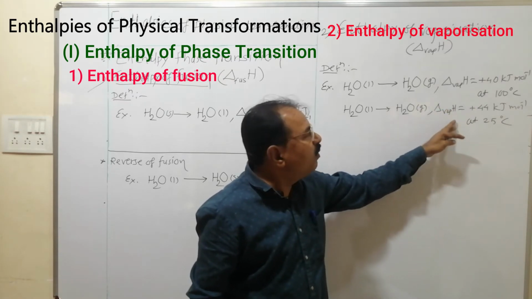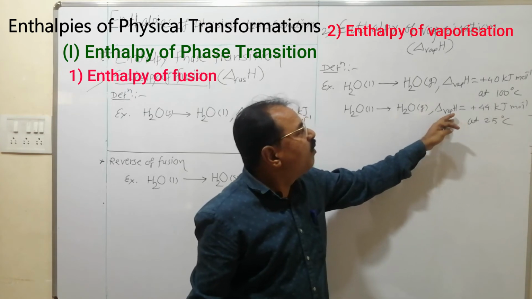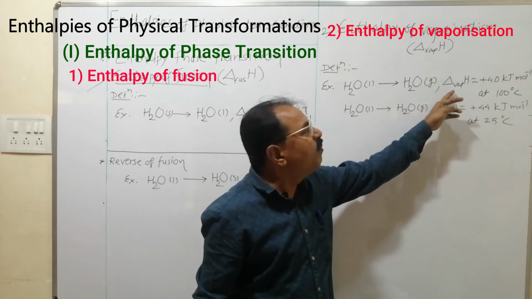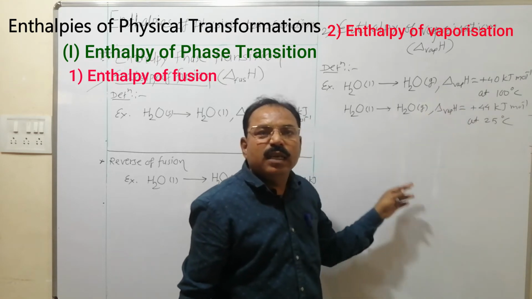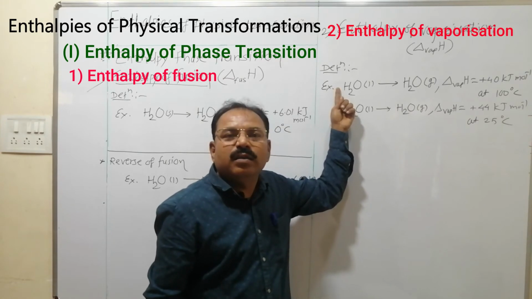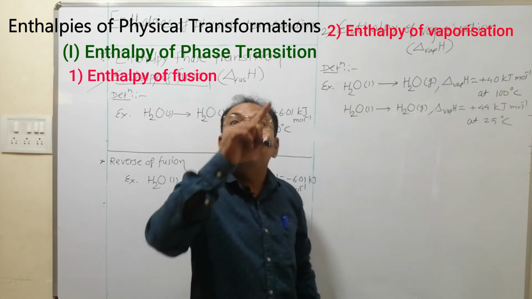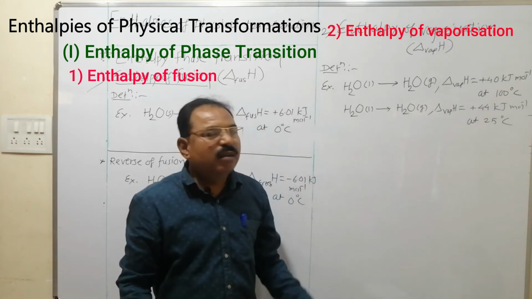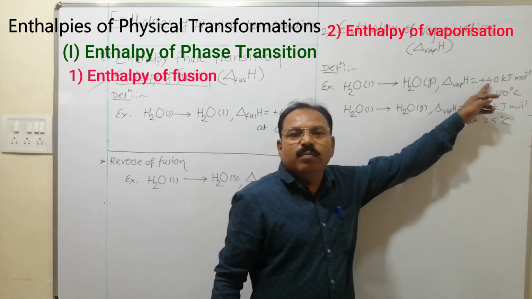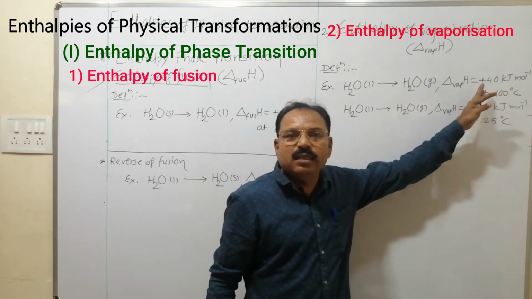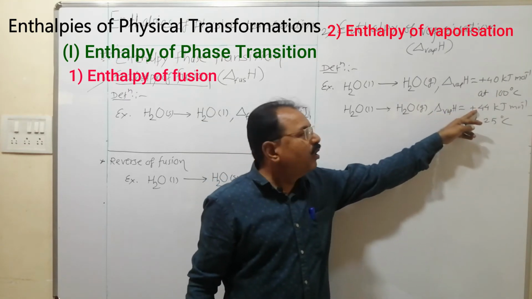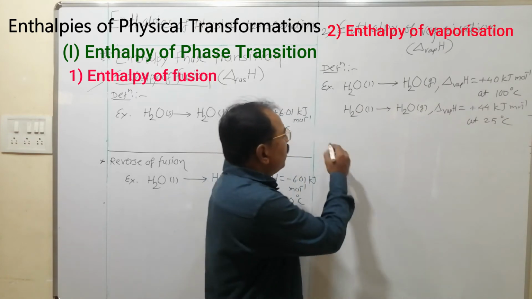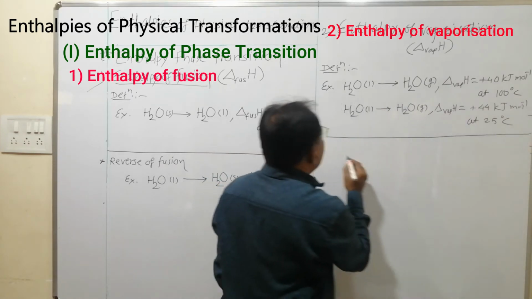So if temperature is lower, the enthalpy of vaporization is more, and if temperature is higher, the enthalpy of vaporization is less. Hence when 1 mole of water is vaporized at 1 atmospheric pressure, the enthalpy change is 40 kilojoule per mole at 100 degrees Celsius and 44 kilojoule per mole at 25 degrees Celsius. We can see again a note of this. Note.